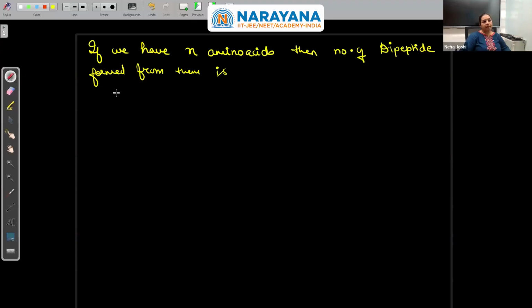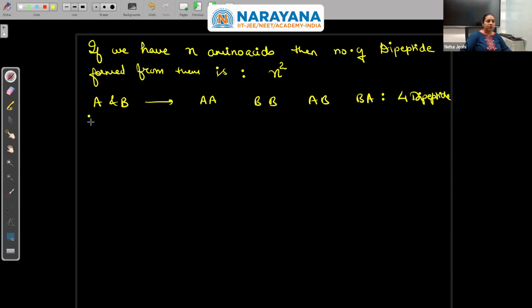Okay, so it is usually n to the power 2. Let us check. If I have 2 amino acids, A and B, so this value is 2 raised to 2. So I will write 4 dipeptides. No? So I should have 4 dipeptides: AA, BB, AB and BA. So I have 4 dipeptides if I am given 2 amino acids. And now I am asked how many tripeptides.